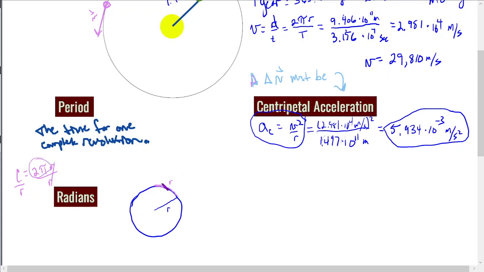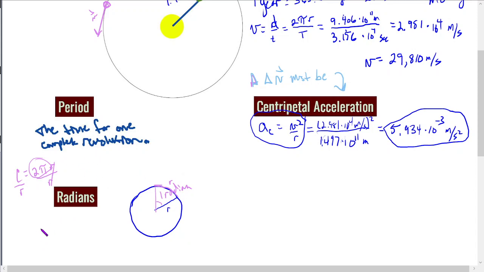That one full circle is 2 pi radiuses, and so we call this angle, the angle that maps out one radius of arc length along the edge of the circle, one radian. Okay, and so there is some equivalence we have to talk about.